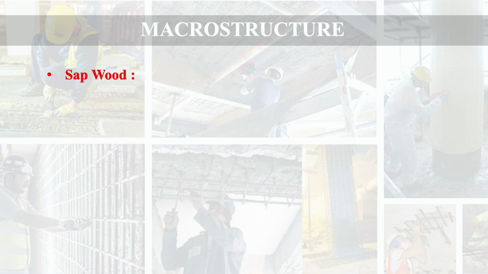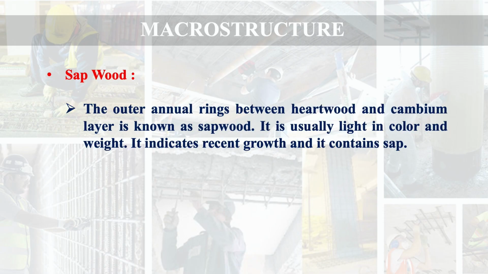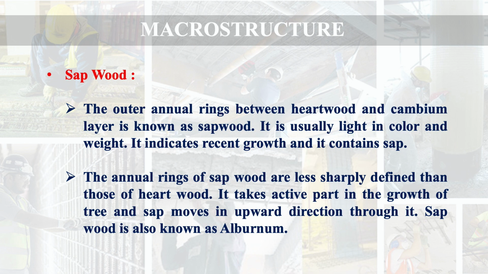Then the next layer is sapwood. The outer annual rings between heartwood and cambium layer are known as sapwood. It is usually light in color and weight. It indicates recent growth and it contains sap. The annual rings of sapwood are less sharply defined than those of heartwood.